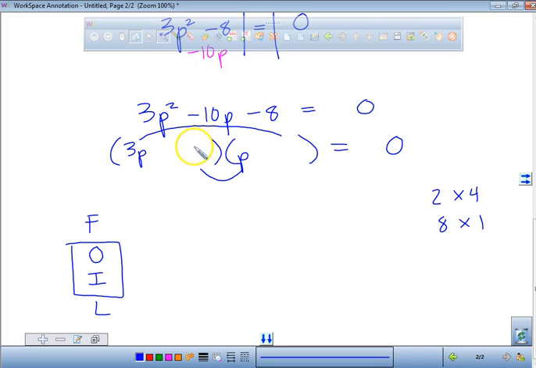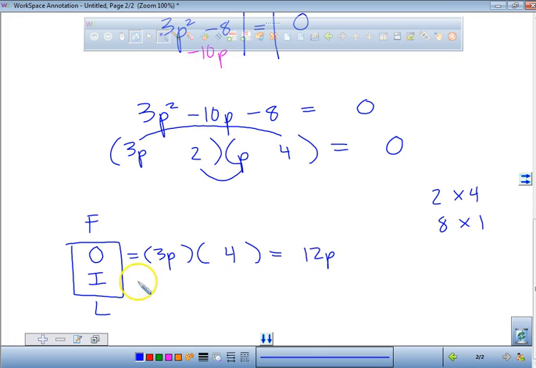So I'm just letting you know, it's either going to be a 2 and a 4, a 4 and a 2, an 8 and a 1, or a 1 and an 8. That's it. So right now, I'm just letting you know, it's going to be a 4 and a 2. Now, let me explain to you why. Our outer product right here is going to be a 3p times a 4, which gives me a total of what?